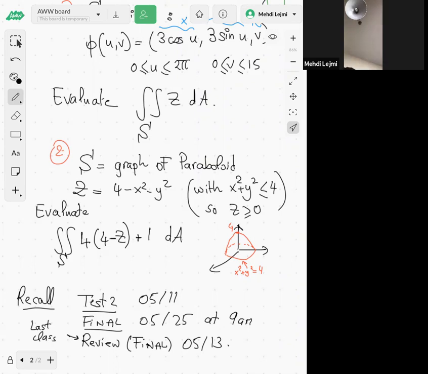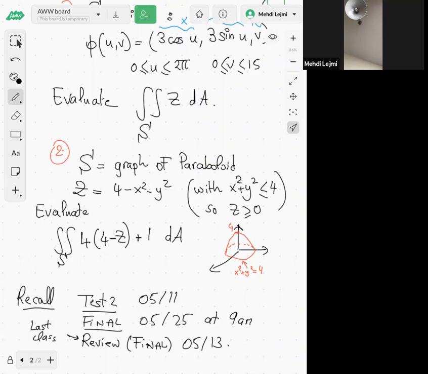But the plan, guys. After the vector surface integral, which is very similar to the scalar surface integral, I'm going to discuss a little bit about the reparameterization of surfaces. This is exactly analogous to what we did for paths. Remember the reparameterization of paths? It's the same thing for surfaces.